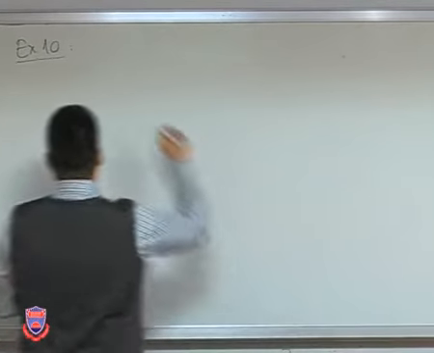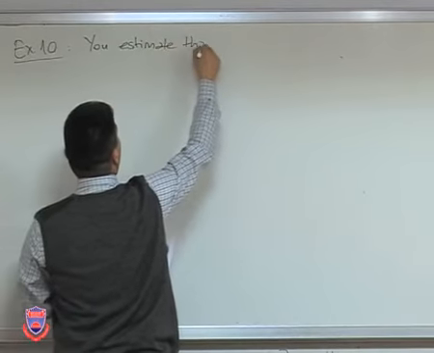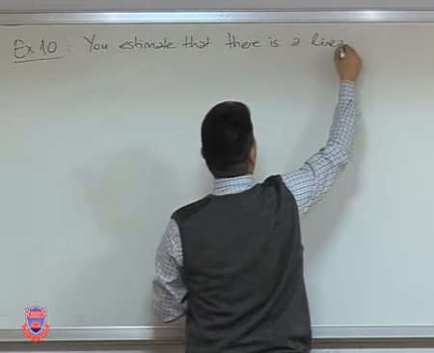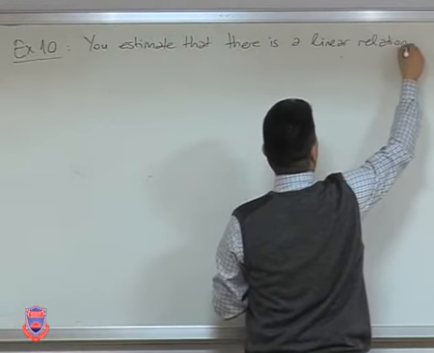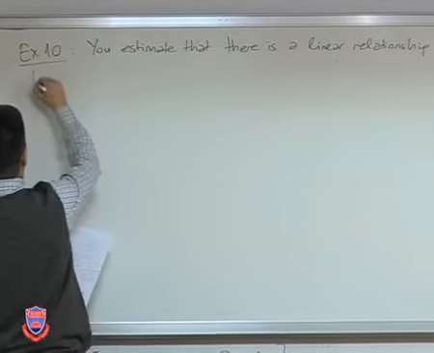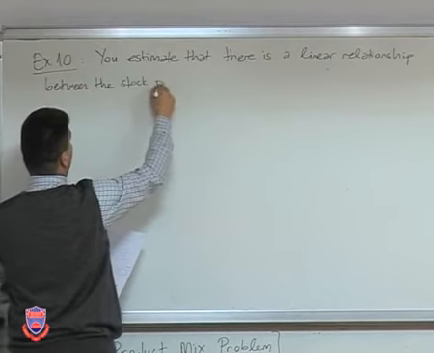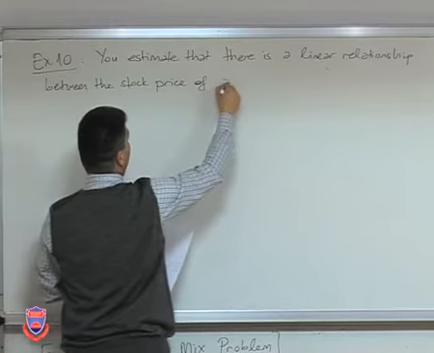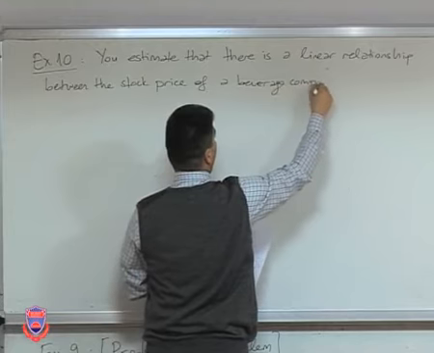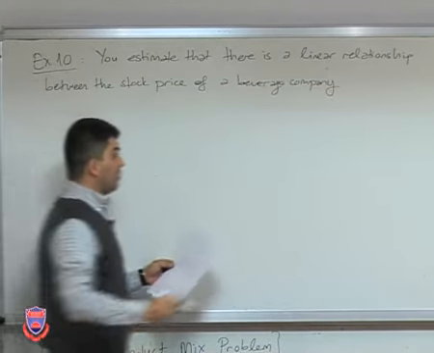So suppose that you estimate that there is a linear relationship between the stock price of a beverage company such as Coca-Cola or whatever, and the number of beverages sold.